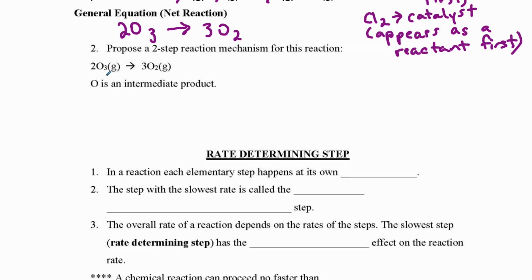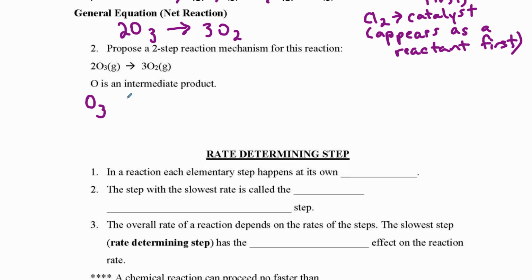So what you have to do is you always have to start with your reactant. So I'm just going to start with one of these ozones because I know I'm doing 2 steps, so I'm likely going to use one ozone molecule in one step and the other one in the second step.